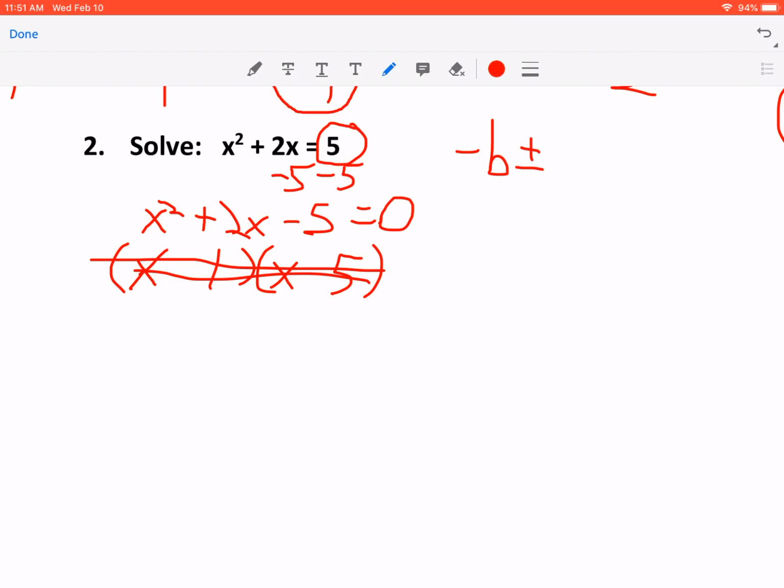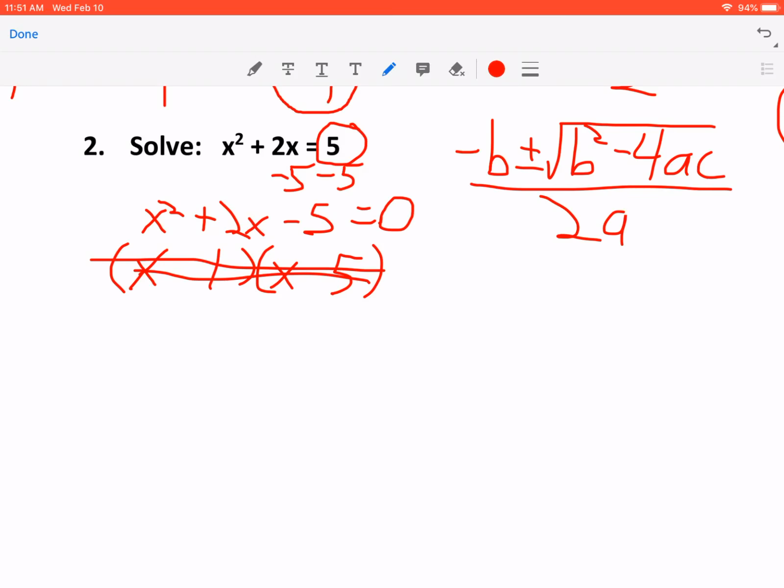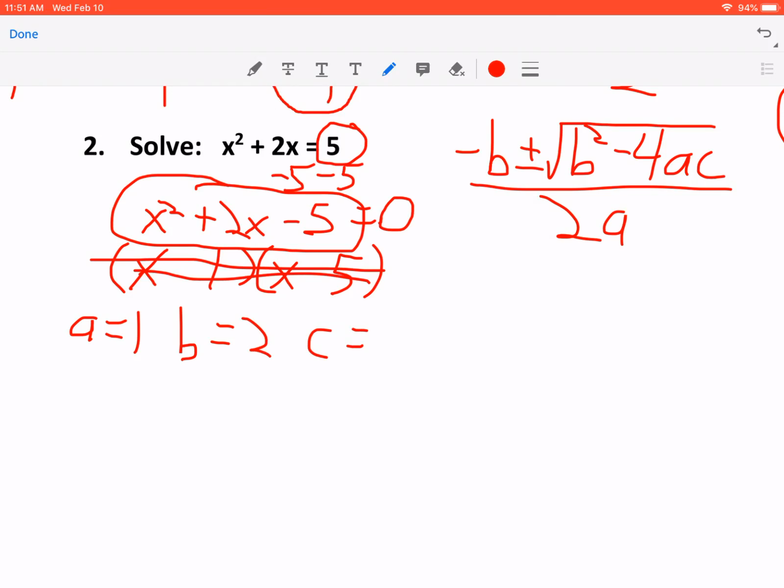Negative b plus or minus the square root of b squared minus 4ac, over 2a. And again, look at it in standard form. A is the number in front of x squared, that's 1. B is the number in front of x, that's 2. C is the number by itself, that's a minus 5.